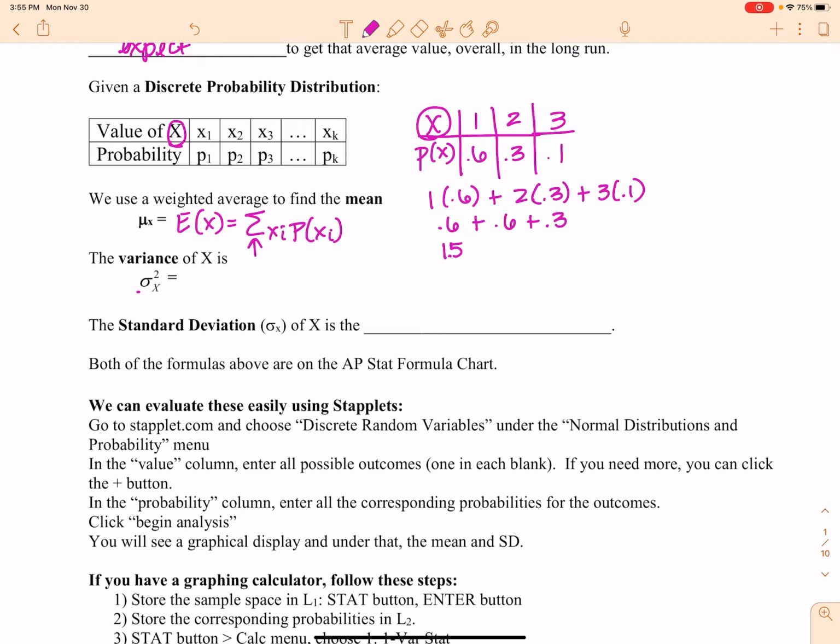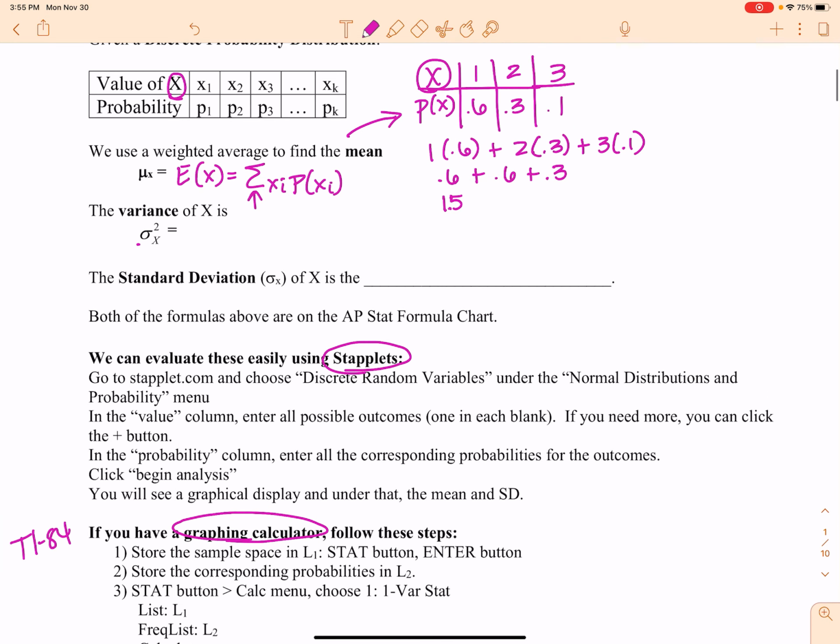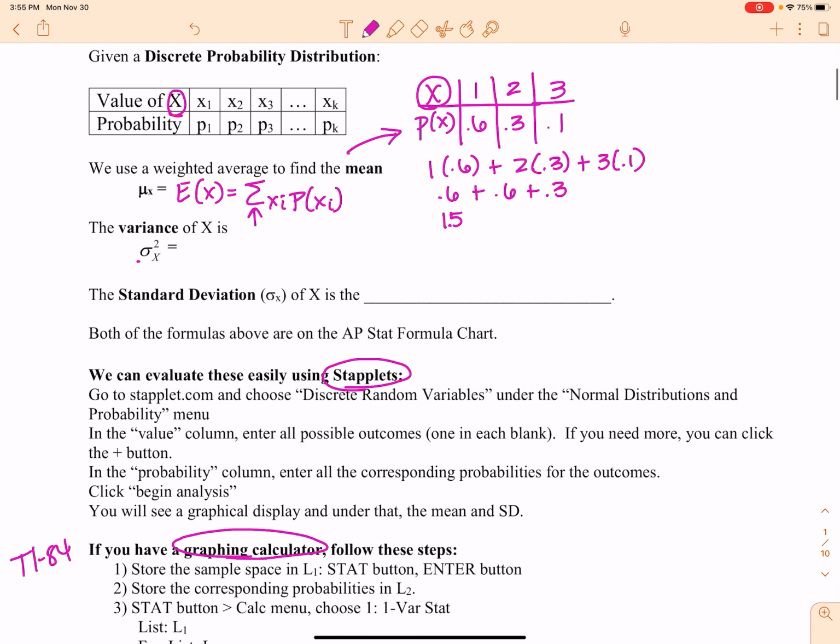You can just find the weighted average by hand by doing that right there, or you can follow my directions that I have down here to use Staplet or to use a graphing calculator. These instructions are for a TI-84. The TI-83 is a little different, but it should in general help you figure out what that is.